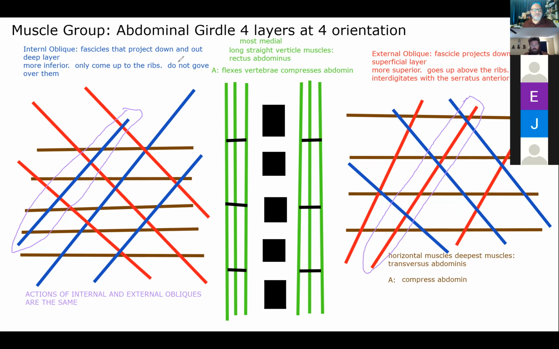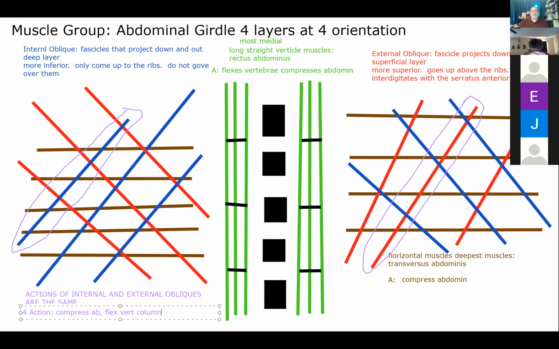Since they're red and blue, conveniently I'm writing here in purple down below. And what are the four actions of our internal and external oblique? Compress abdomen. So again, that means bringing the gut in, tightening up the muscle when someone's getting ready to punch you. What else? Flex the vertebral column. Again, flexing would be bending forward.